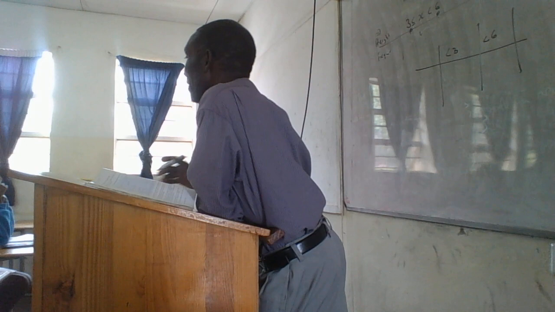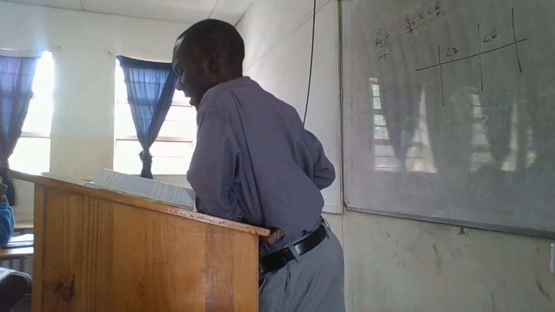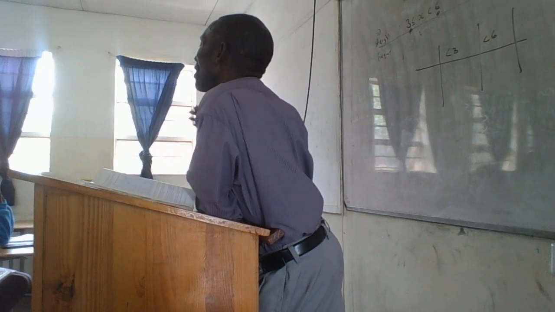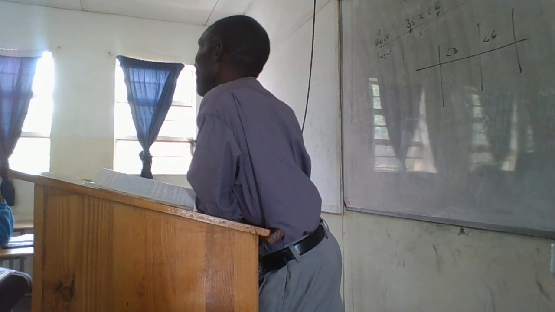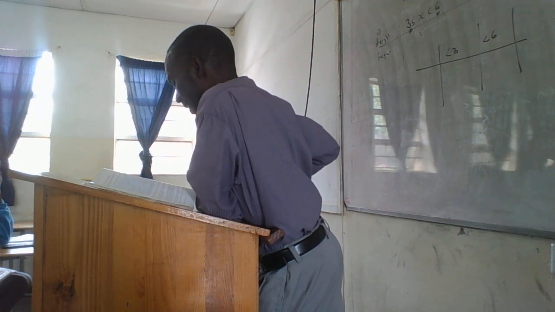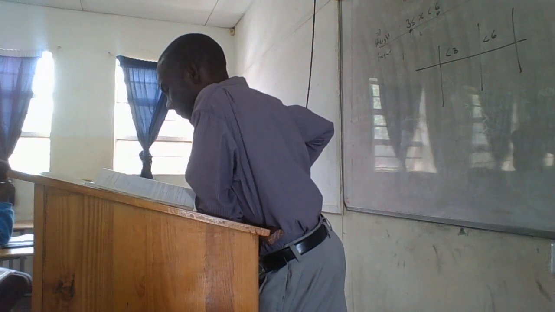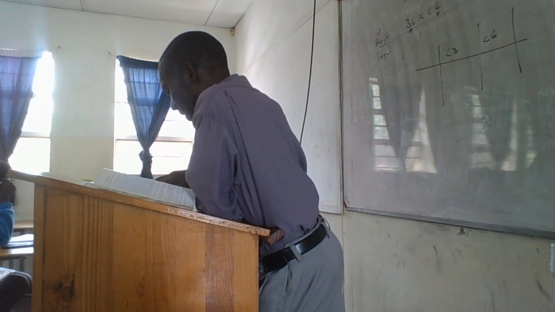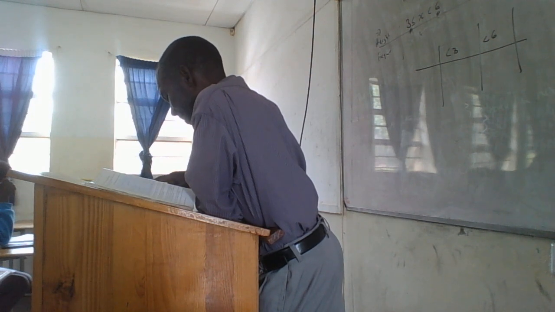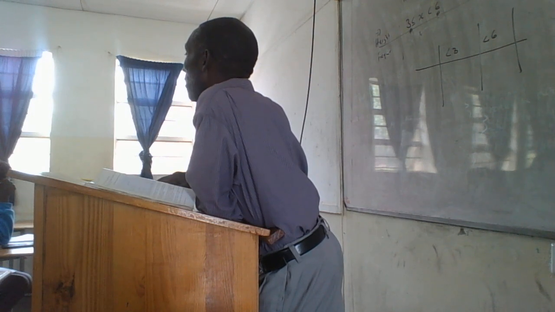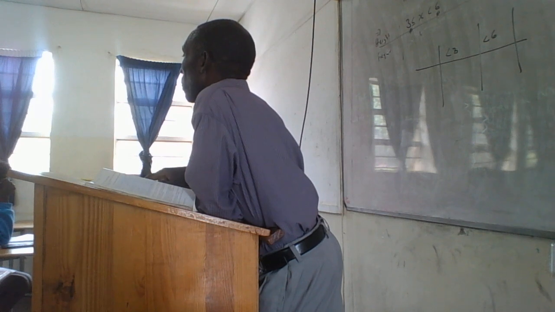The other one, less than 6: from 3 to less than 6, they are saying it's 1. But for the other one, less than 9, it is 3. Where is the 3 coming from? 1 plus 2 is 3. You are accumulating.